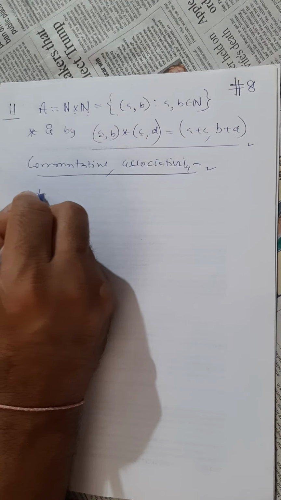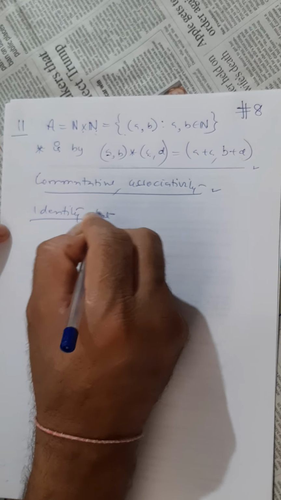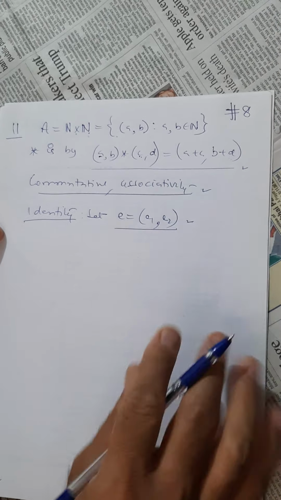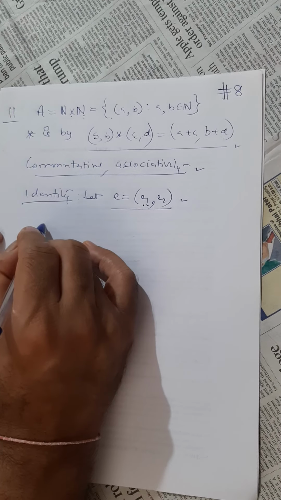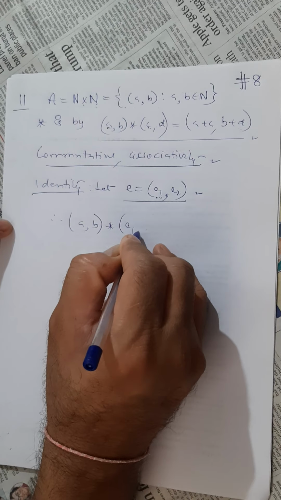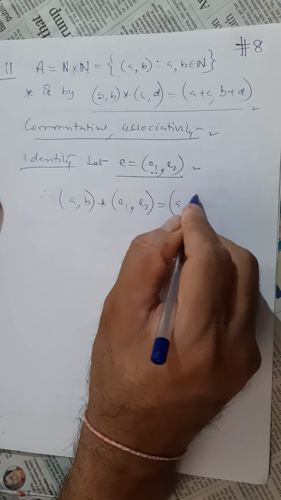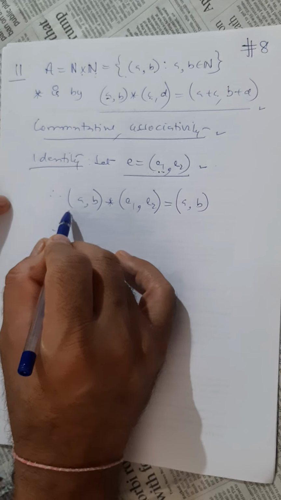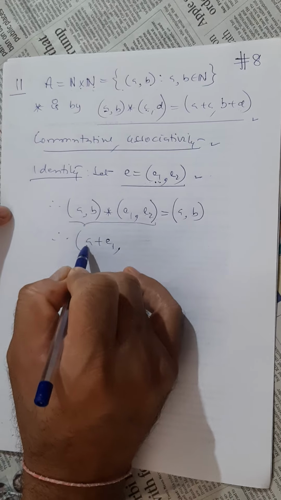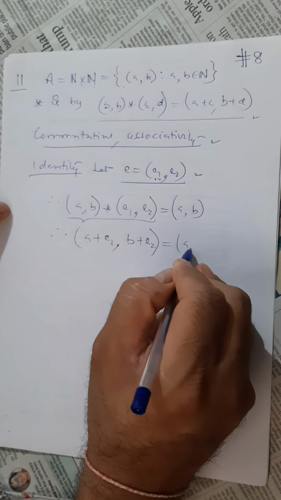I'll go for identity. So let identity E equal (E1, E2). Now if E is the identity, you must have (A, B) asterisk (E1, E2) and the answer has to be the same, (A, B). We want to find this. Now what is this? This is (A plus E1, B plus E2) equals (A, B).